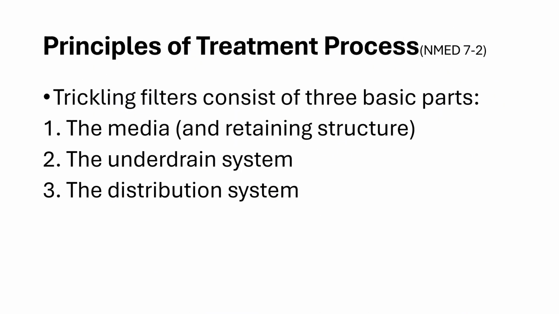Okay. So there's three principles or three parts to a trickling filter. There's the media and restraint and retaining structure. So that concrete tank and the rock or whatever type of media you use, that's the first component.